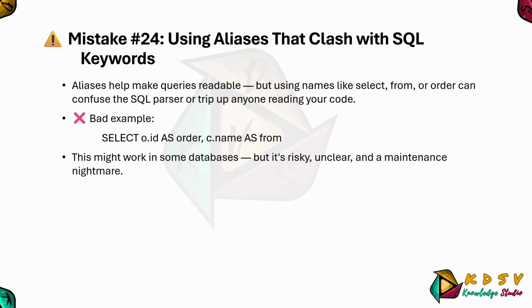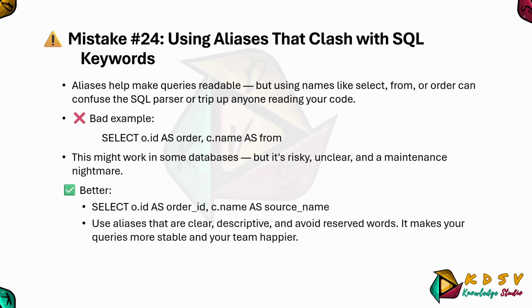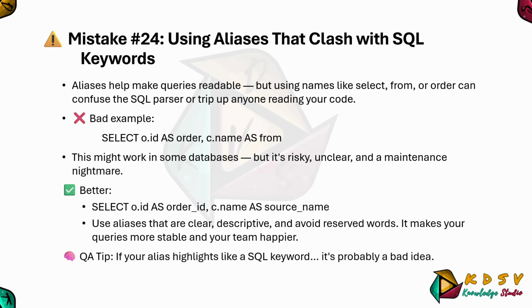This might work in some databases, but it's risky, unclear, and maintenance will be a nightmare. The better one: select o.id as order ID, c.name as source name. Use aliases that are clear, descriptive, and avoid reserved words. It makes your queries more stable and your team happier. If your alias looks like an SQL keyword, it's probably a bad idea.